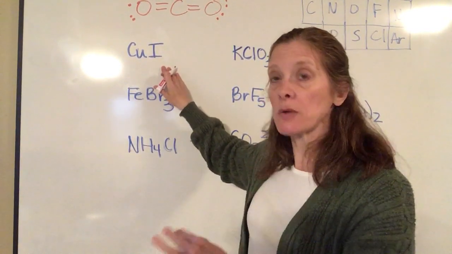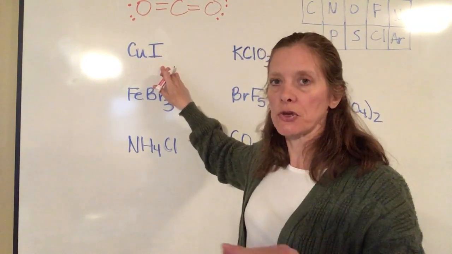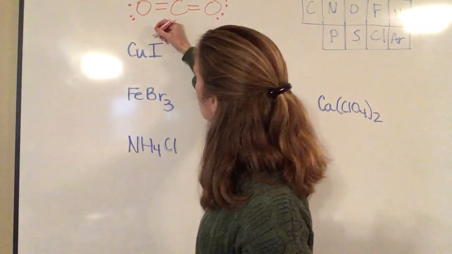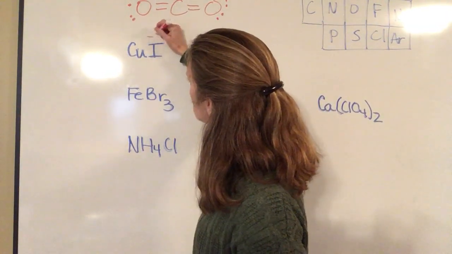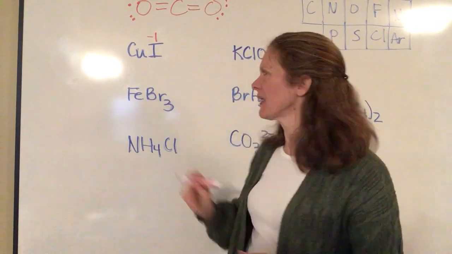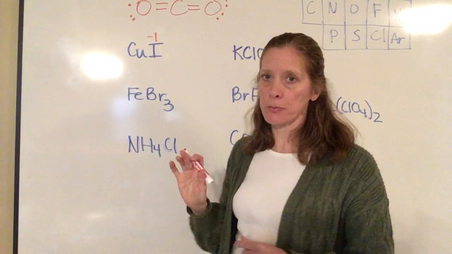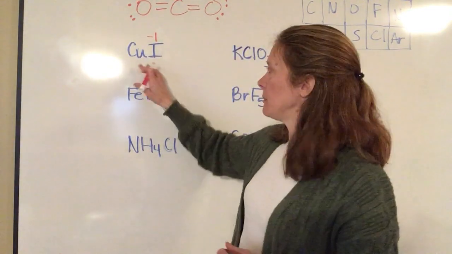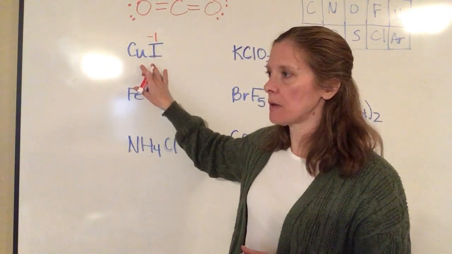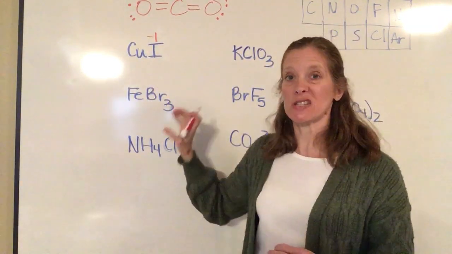I'm going to assign what I do know, and then you're going to have to take what's left over to figure out what's going to be the rest of them. So for copper iodide, the oxidation state of iodine is going to be -1. And the cardinal rule here is that everything has to add up to 0, if you have an ionic compound or a covalent compound that does not have a charge attached to it.